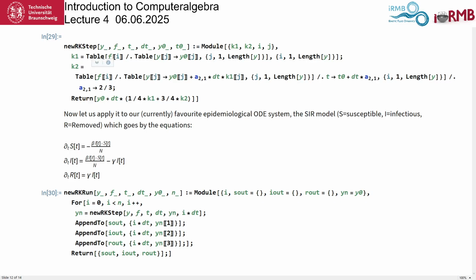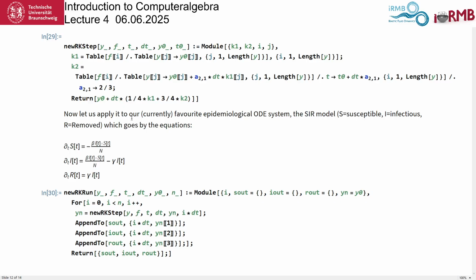So we go through all the components of the vector, and we get this for k1 and k2. Here we set our parameters and then we return. When y0 is a vector, then we just add this and we get a new vector.